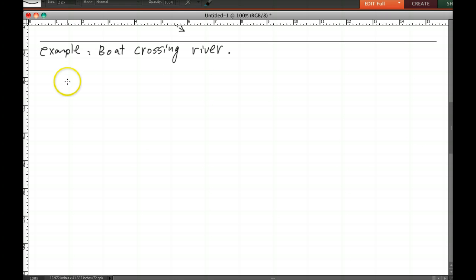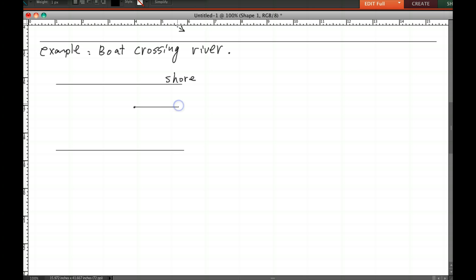Okay, let's look at a situation. If you have a river, normally we say this is the shore, the bank of the river. Then the water is moving.